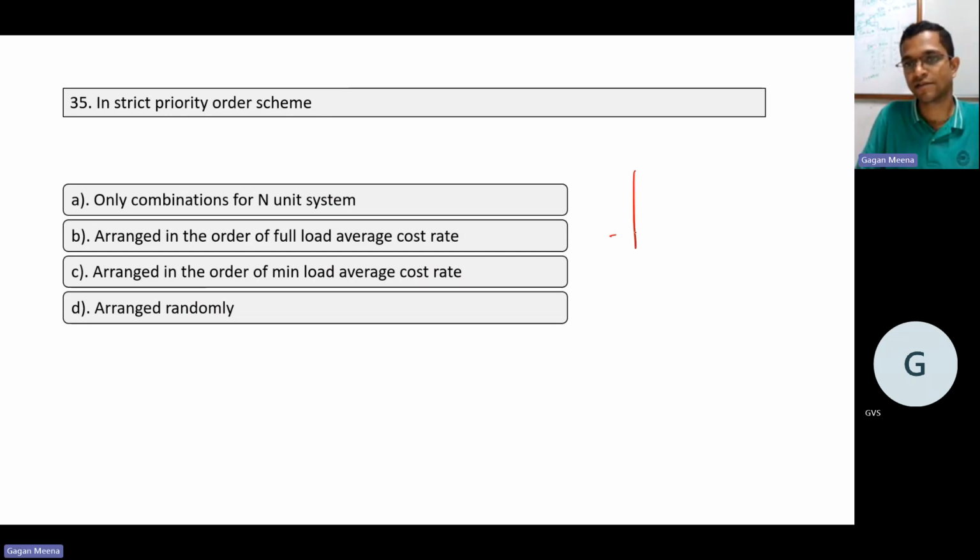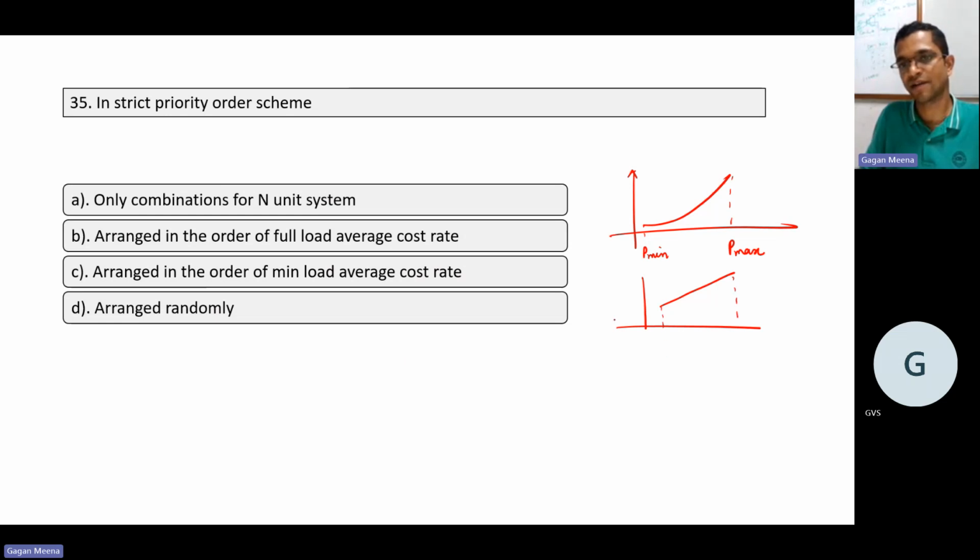We have seen the cost characteristics for a generator, which lies between P minimum and P maximum. If we calculate the incremental cost characteristic, it will be something like this: dF by dP is 2 a_i P_i plus b_i.